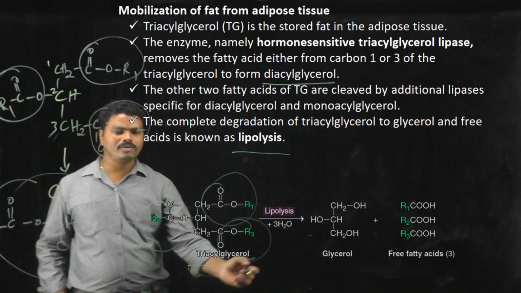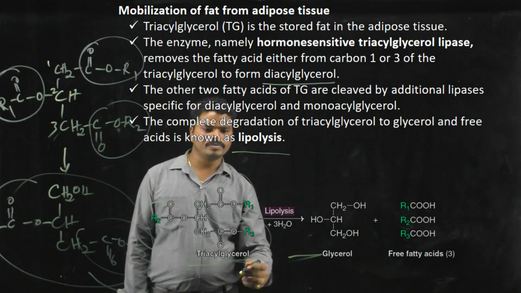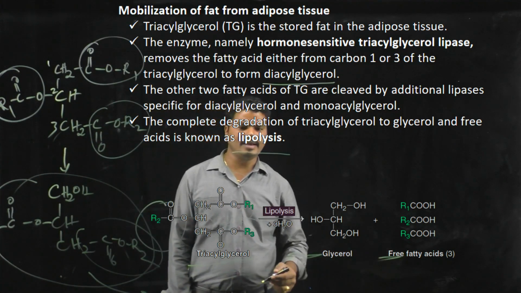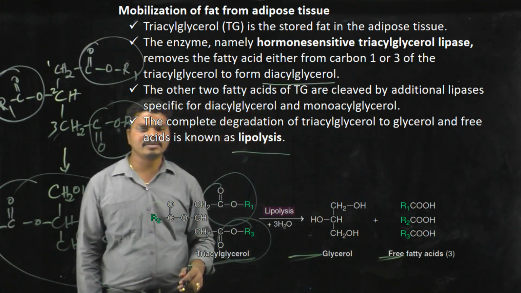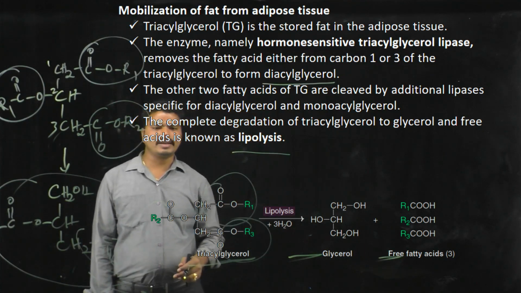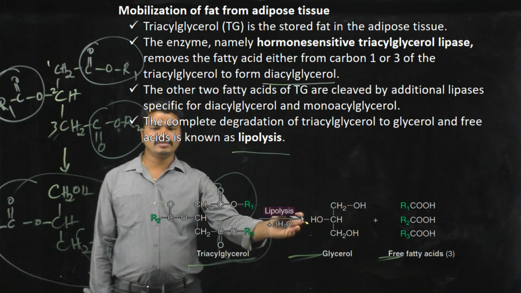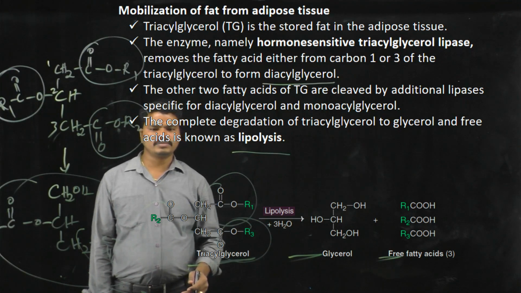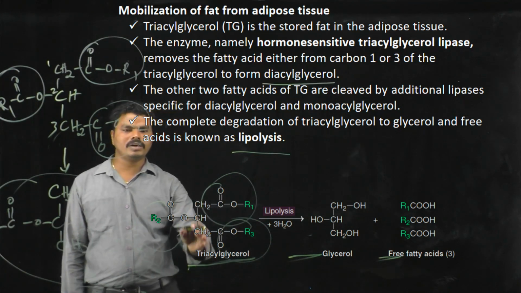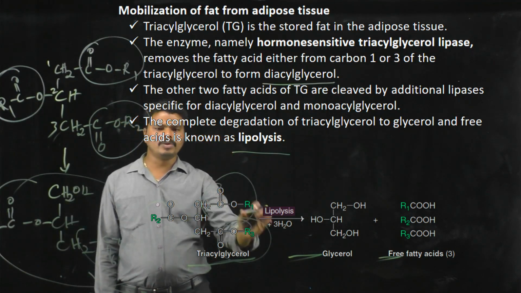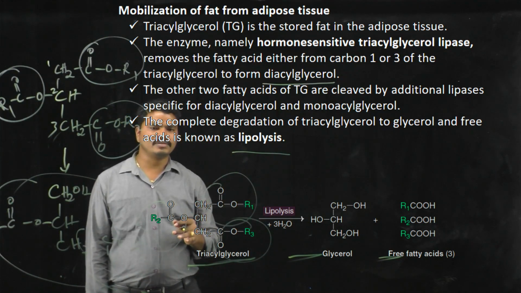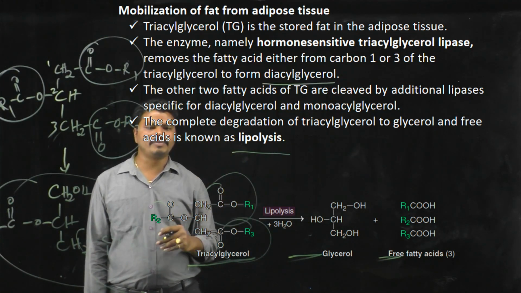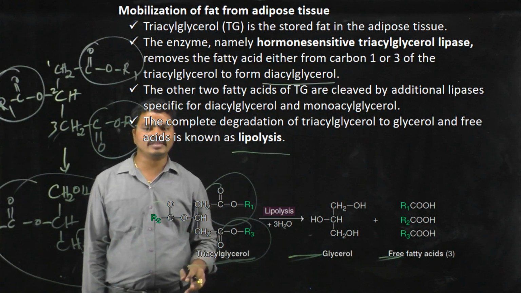Thereby we will get the free glycerol and free fatty acid, which will be utilized to produce energy. So the removal of acyl groups from the triacylglycerol by the action of lipases is called lipolysis.